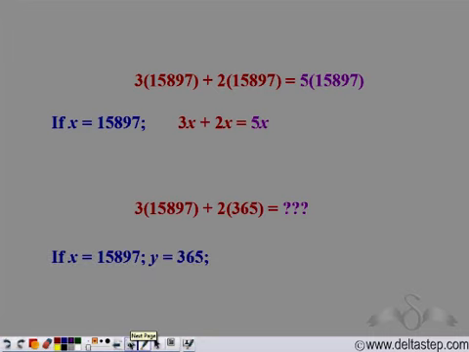So if X is 15897 and Y is 365, this expression can be written as 3X plus 2Y. But now we cannot group them together because these are two different numbers. Here we were able to group it because these are the same numbers. Here these are two different numbers, hence these are unlike terms, so we cannot group them together and we have to write it as 3X plus 2Y.